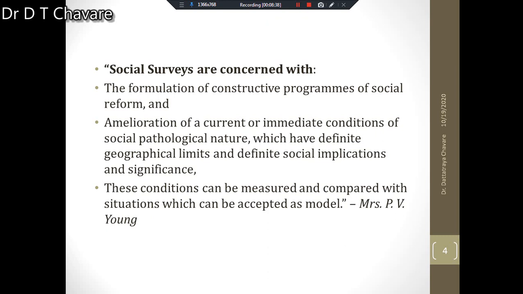These conditions can be measured and compared with the situations which can be accepted as a model, and that is also called social survey. That is also called social research.